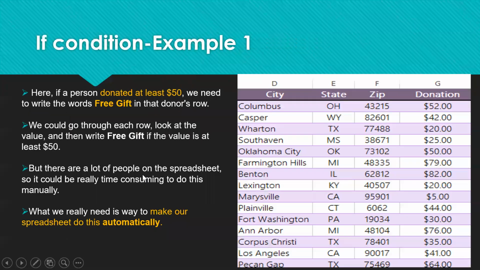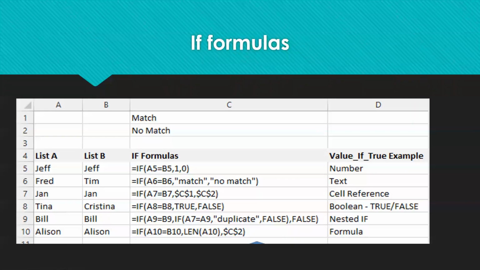The results can be anything. Let's say we are comparing these two things: if A is equal to B. In this result, both are equal, and the value could be a number or a text. So the statements can be a number, text, or a cell reference.